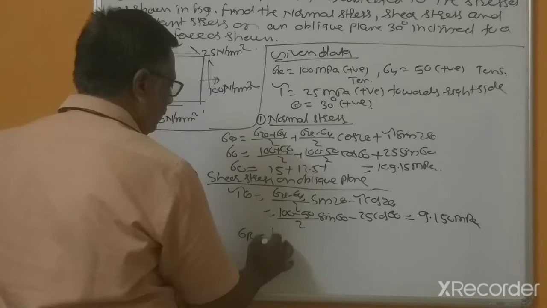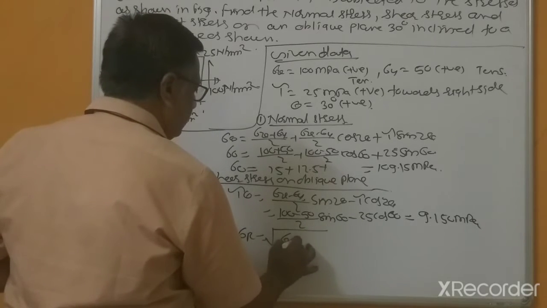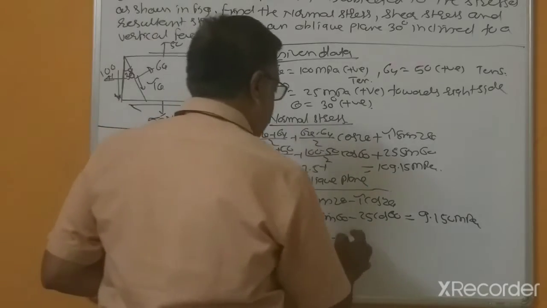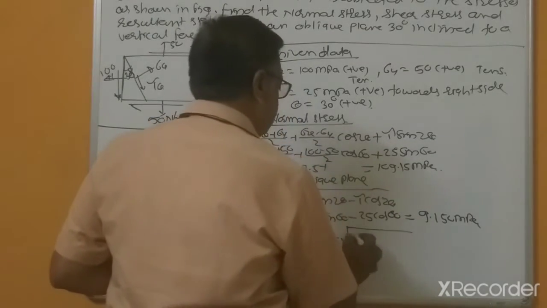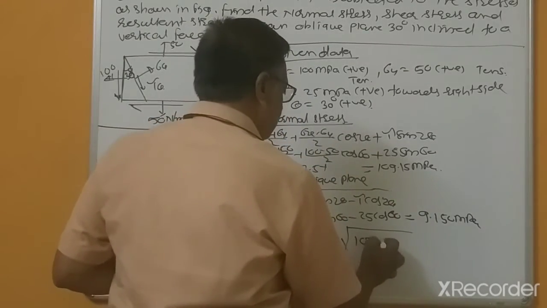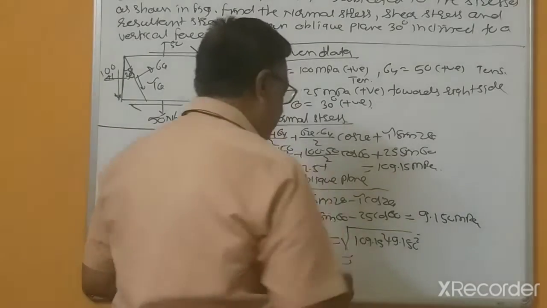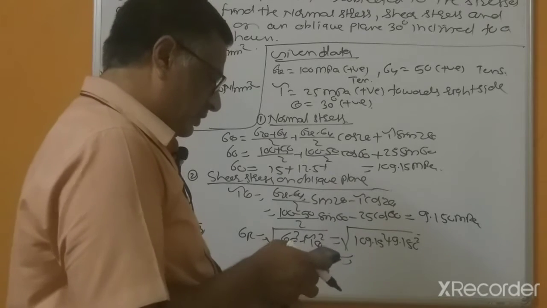And the third bit is the resultant stress. Resultant stress equal to square root of sigma theta squared plus tau theta squared. Sigma theta squared, 109.15 squared, plus 9.150 squared. So this may be around 110 or 111.